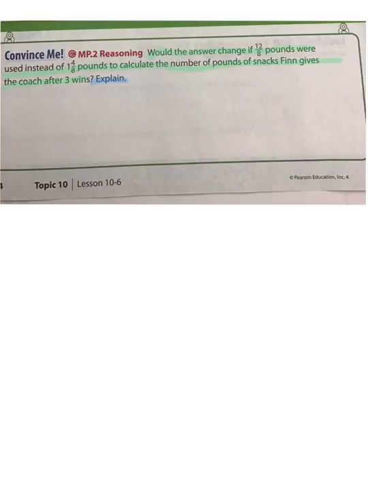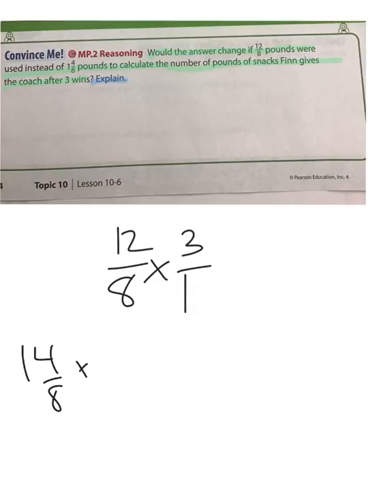So we have 12/8 times 3/1. If you look right above this, this is exactly what we did before, because if we have 1 4/8 times 3, all we did was change 3 to 3/1, and then our 1 4/8, we kept our 8, and then we multiplied 1 times 8, which is 8 plus 4 is 12.